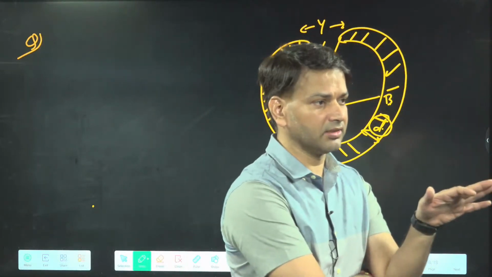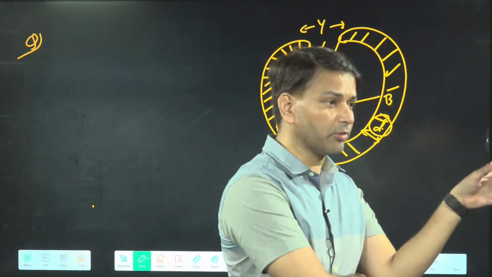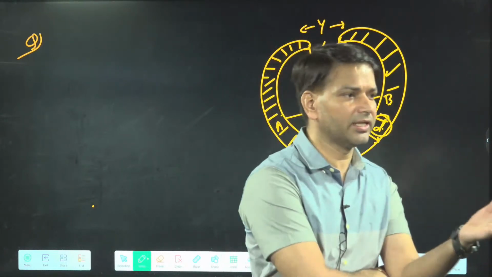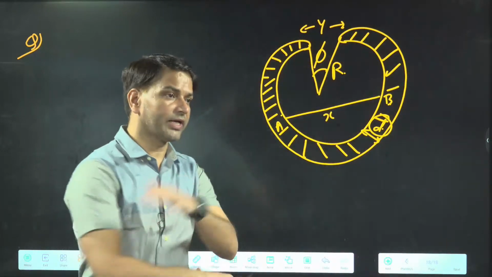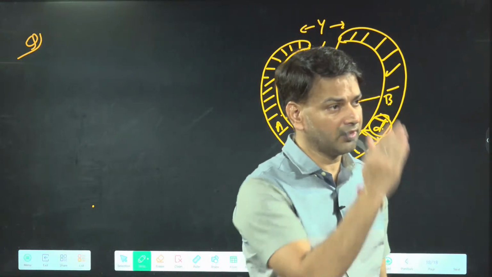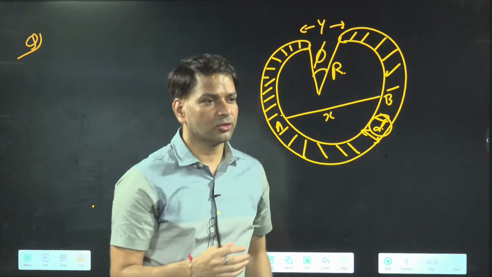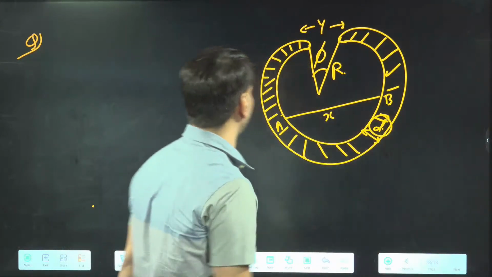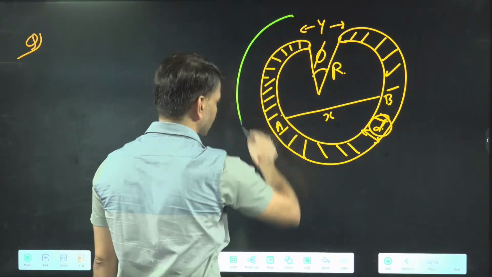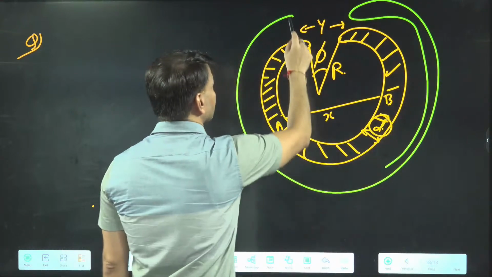So for all these distances we apply the concept of linear expansion. They will change by linear expansion. So we can directly apply the formula of linear expansion in the case of y, r, x and d. So what will happen when we expand? It will become like this maybe.